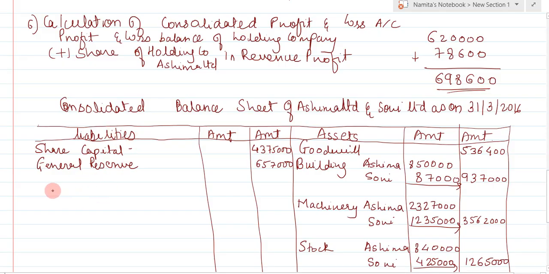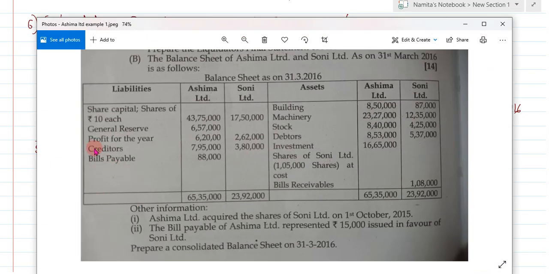So profit and loss 6,98,600. After profit and loss we have creditors of Anshima Limited and creditors of Sony Limited.